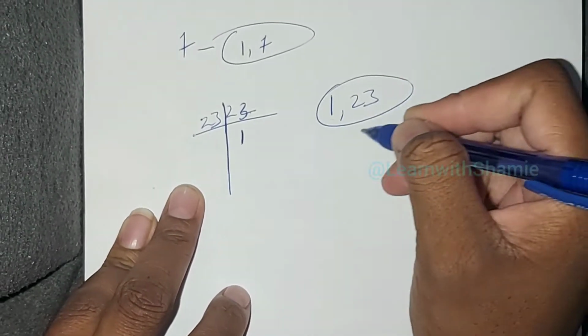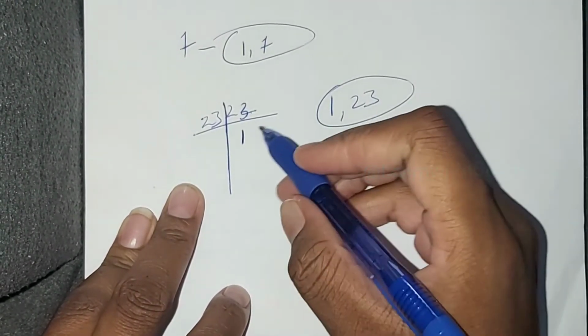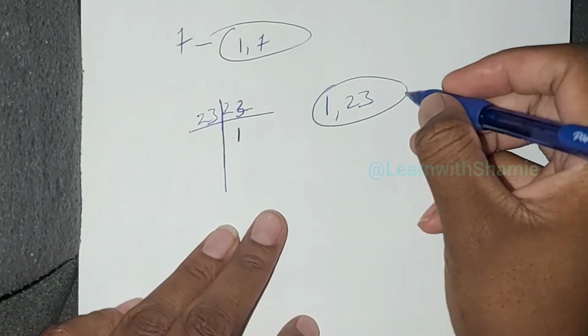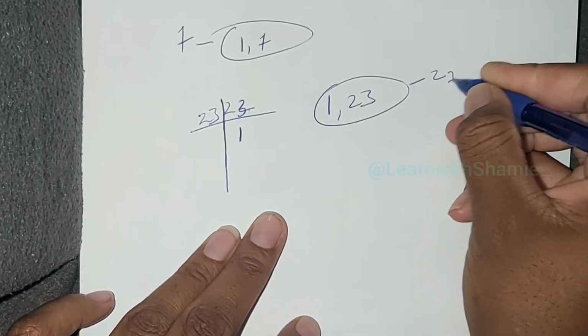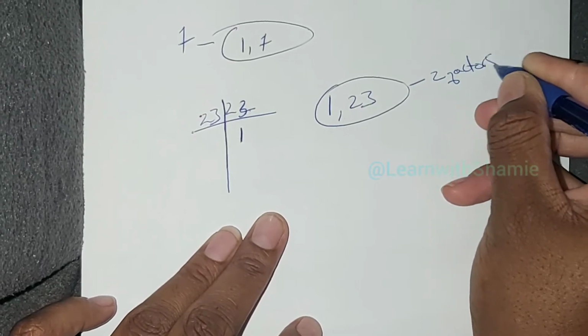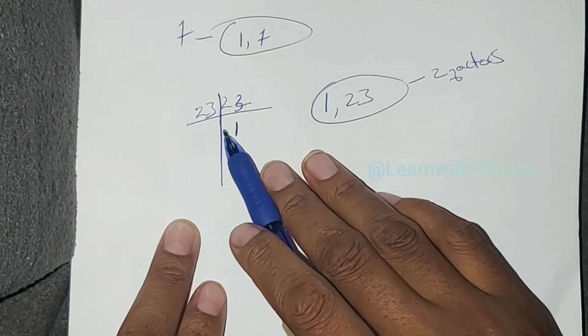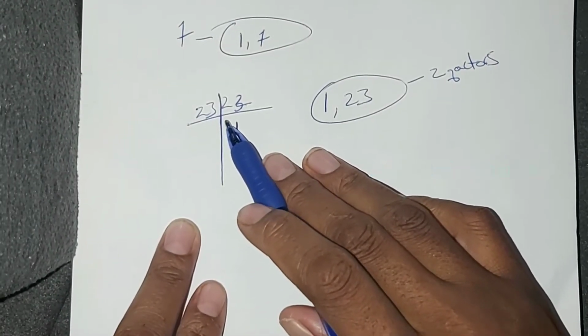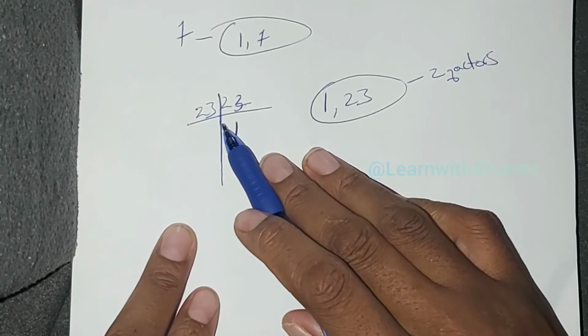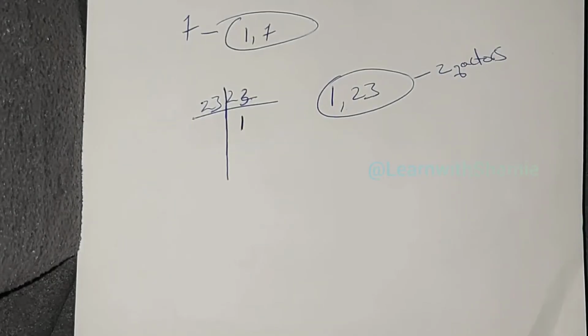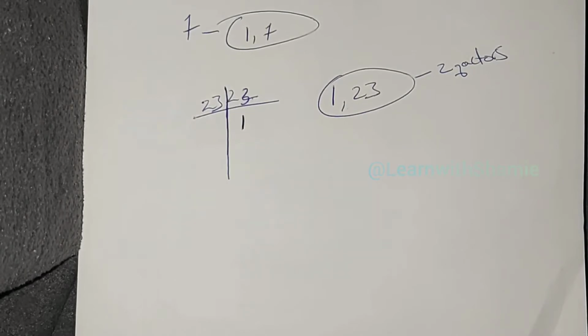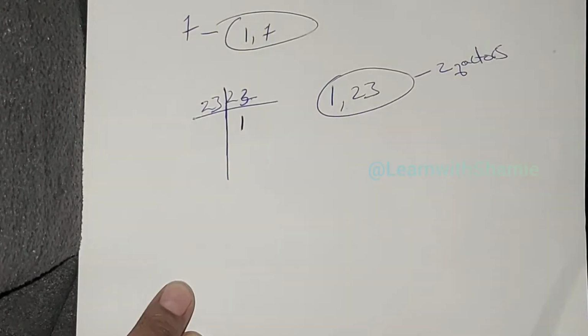So you can see that 23 is indeed a prime number because it only has two factors. So prime factorization is done through division, starting from the smallest prime number. But I'm going to show you some simple steps to use in identifying prime numbers.